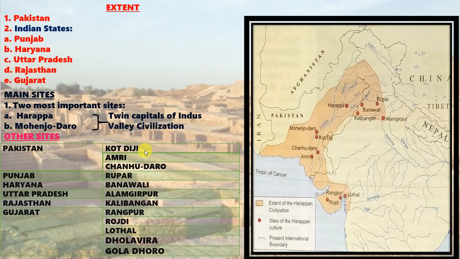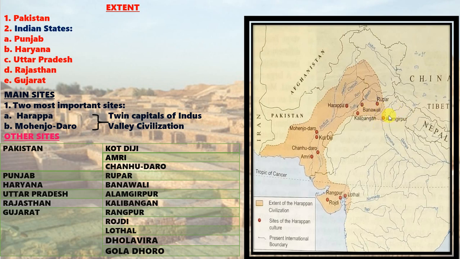We've also learned the extent as well. Okay, in Pakistan, we know Mohenjo-daro, Harappa, and others are also there. As you can see here, Chanhu-daro, Amri. Okay, these are the other sites. Kot Diji, Roop. These are the other sites in Pakistan as well as in India. In Punjab, you can see here Ropar is there. Okay, in Haryana, Banawali is there.